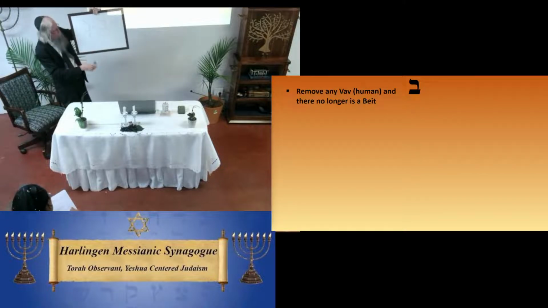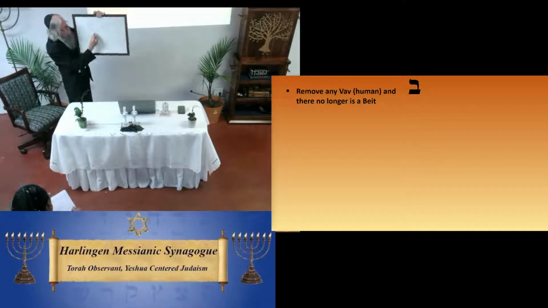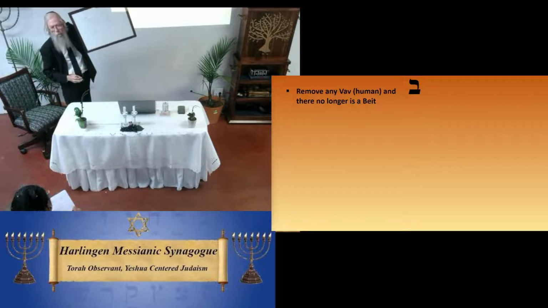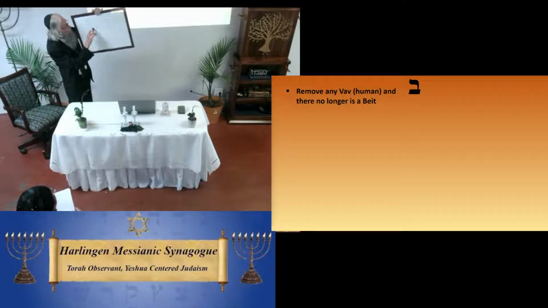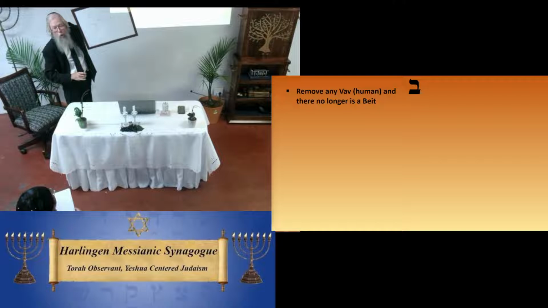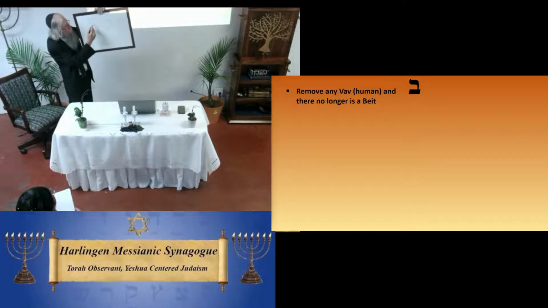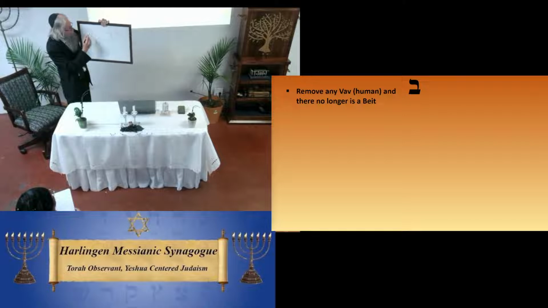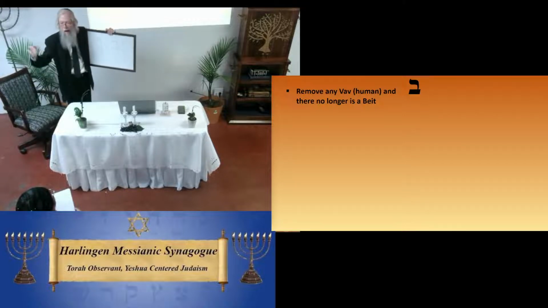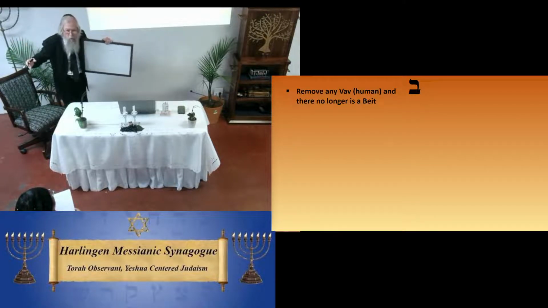So, if I were to remove any vav, you no longer have a bet. Vav means what? Person. If I were to remove any person from the house, I no longer have a true home.